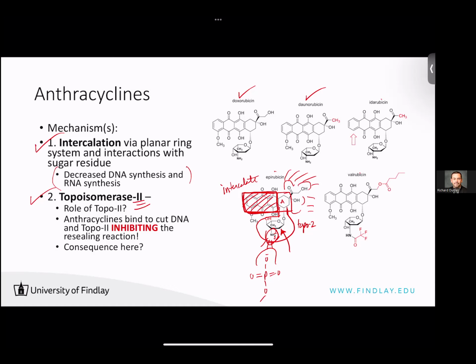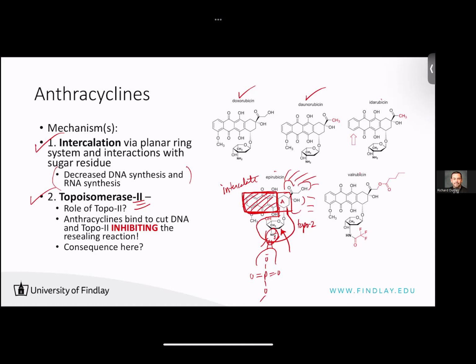And it facilitates replication. Now, the important thing about topoisomerase 2 is that after it induces those double strand breaks, it fixes those breaks. It reseals those breaks in the DNA. Okay? It cuts it, allows the strand to pass, and then it fixes it.